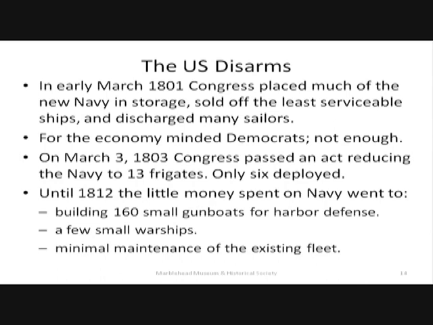Until 1812, the little bit of money, and it was as little as they could get away with, went to building 160 to 180 gunboats for harbor defense. They were totally useless. Most of them had guns mounted on them that were too big for the ships, and they couldn't stand the recoil of the gun.